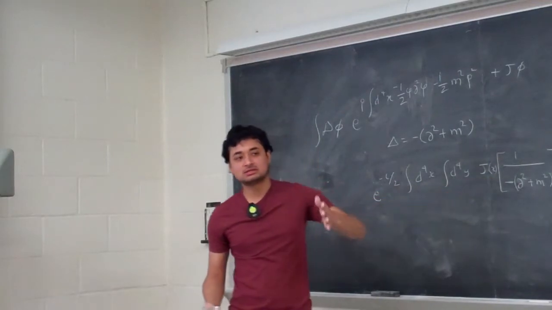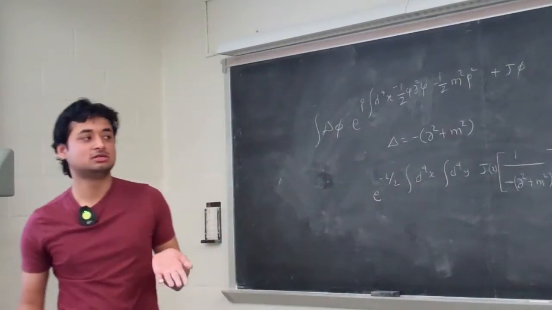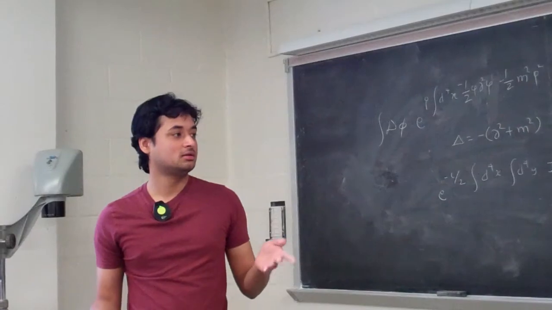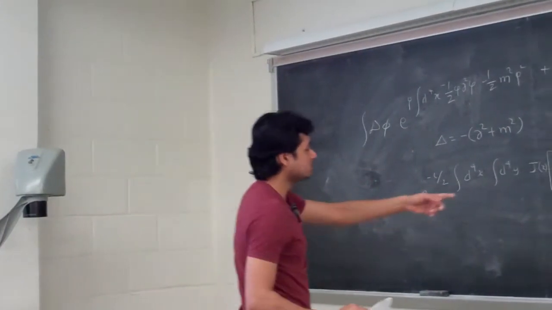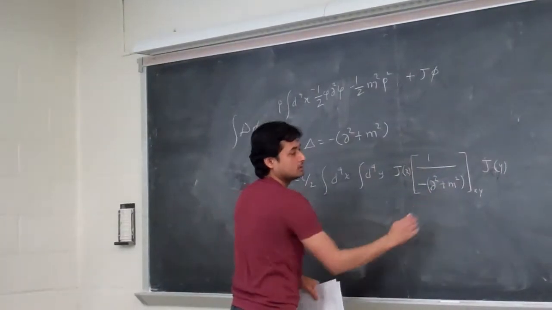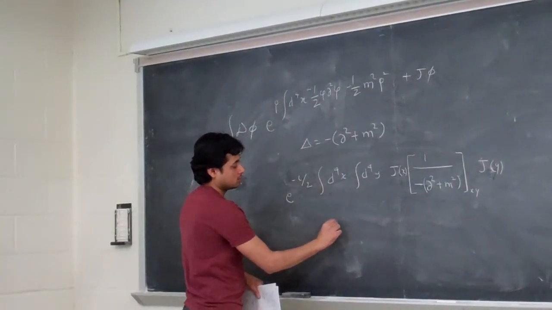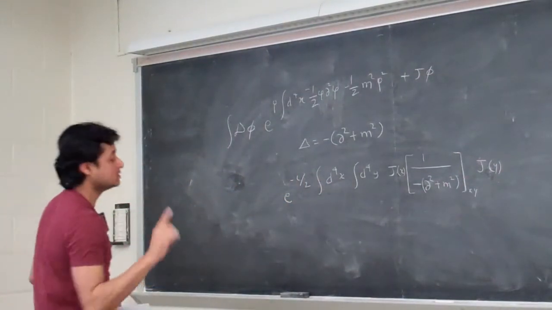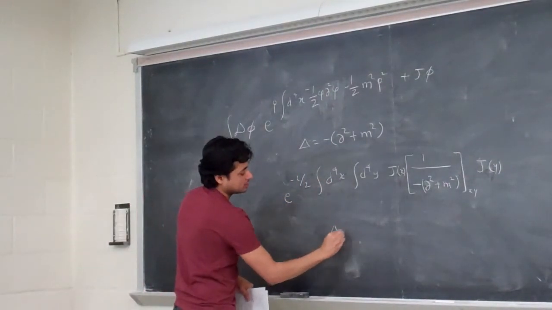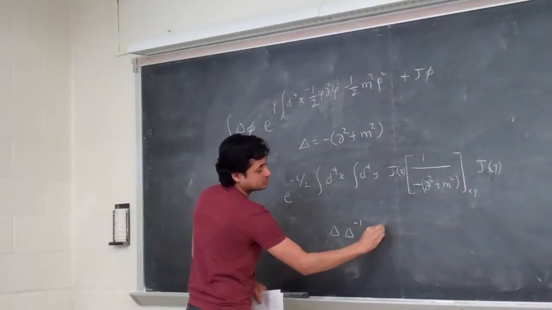J of x is the j sub i, j of y is the j sub j. That delta inverse is the inverse of this operator. Now what is the meaning of this? Notice, what does that delta inverse mean? It means the following. Delta times delta inverse is equal to identity, right?